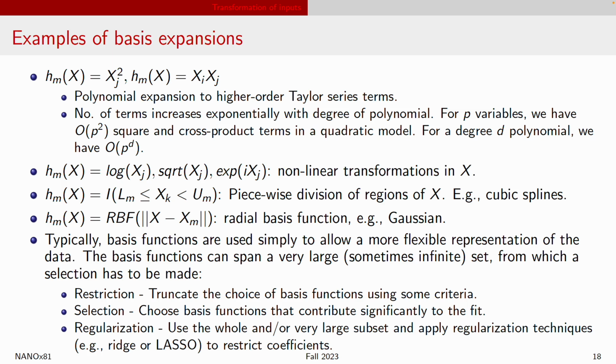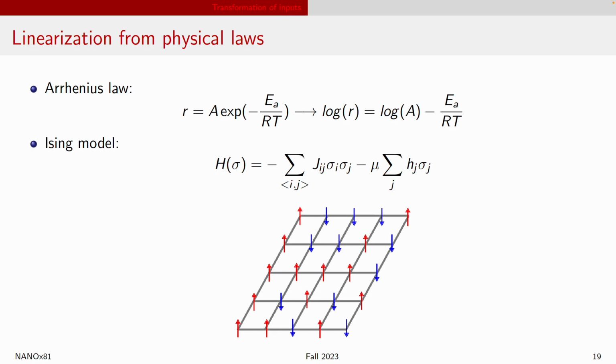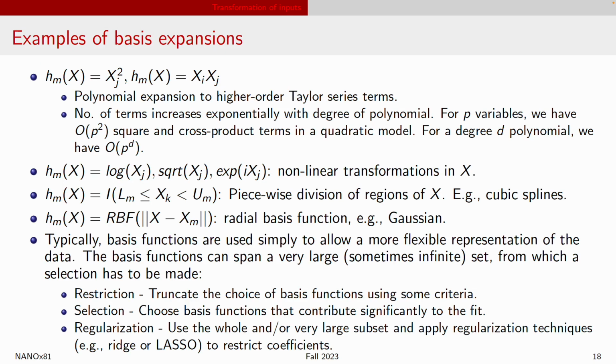Can I ask a question? Yep. For the radial basis function, what was xm? So that's the mean of your feature vectors. Or rather, not the mean of your feature vector, but rather the means of a set of means.